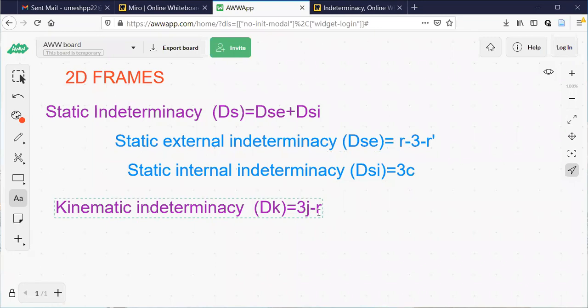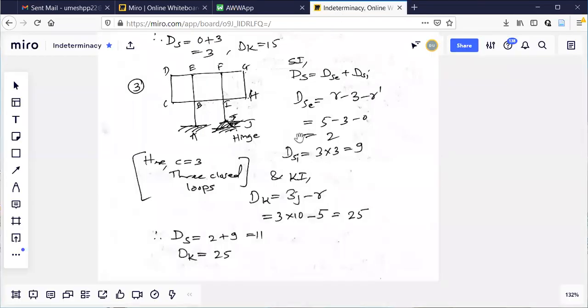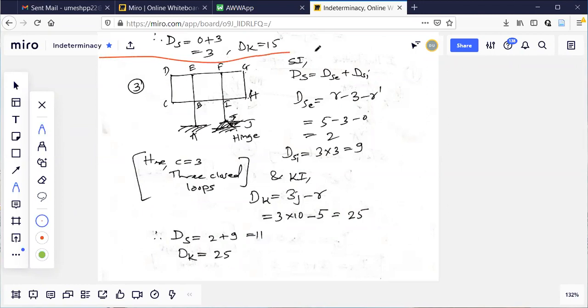Okay. So let us see the problem. Now you look at this example here. I'll just draw one line first, in order to separate the problems. Below the red line, you can see the problem is given.